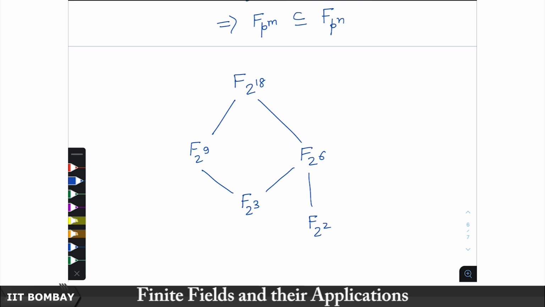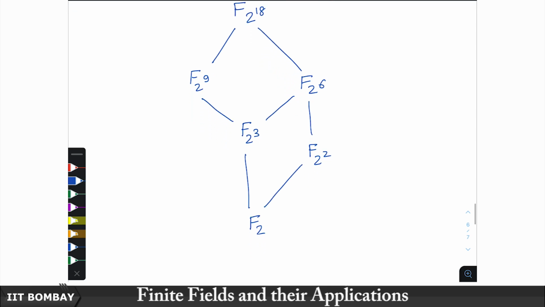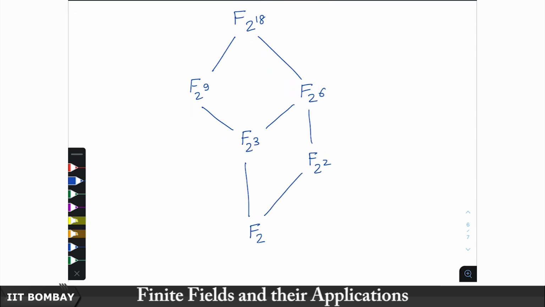So, F 2 power 3 is a subfield of F 2 power 6, and also it is a subfield of F 2 power 9. Now, both these also have subfield F 2 power 1. 1 is a factor of any number. So, F 2 power 1 is a subfield of F 2 power anything.